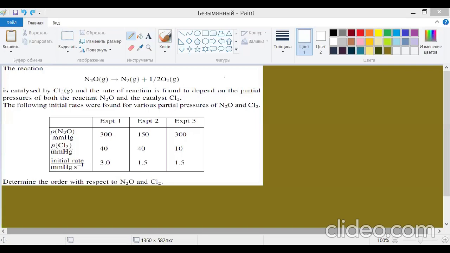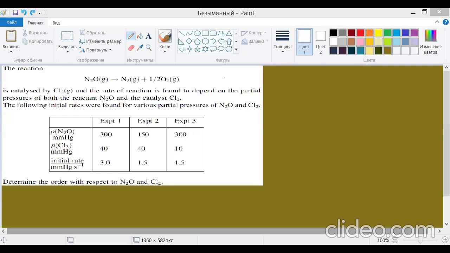I hope that you're ready to proceed to the next problem. It is interesting because it shows the influence of a catalyst and its participation in the process and in the final kinetic equation.